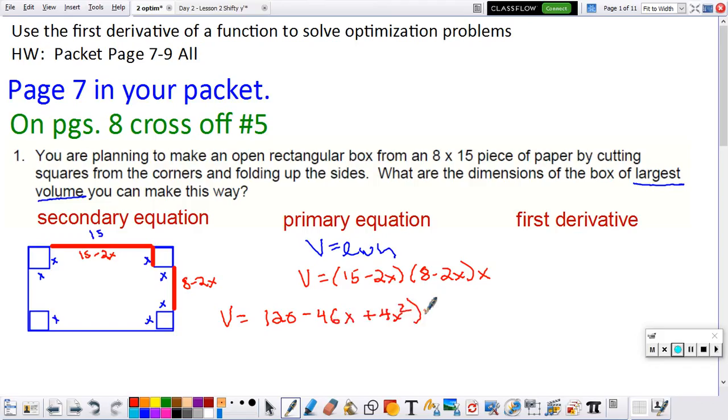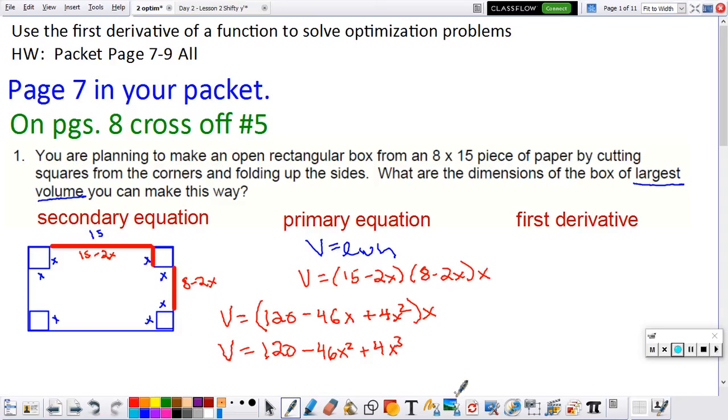And then I need to distribute the x. And I get 120x minus 46x squared plus 4x cubed.